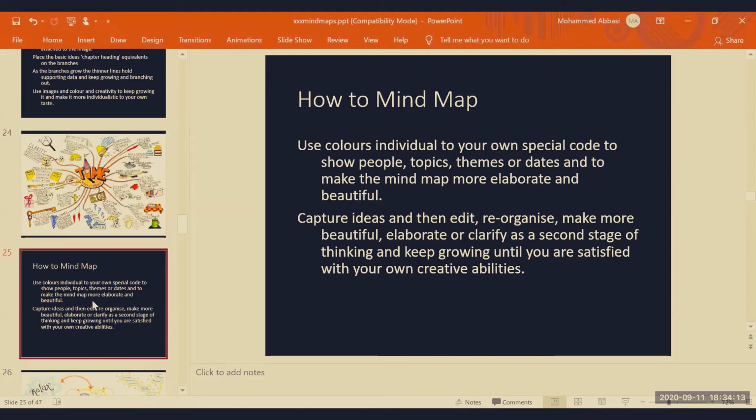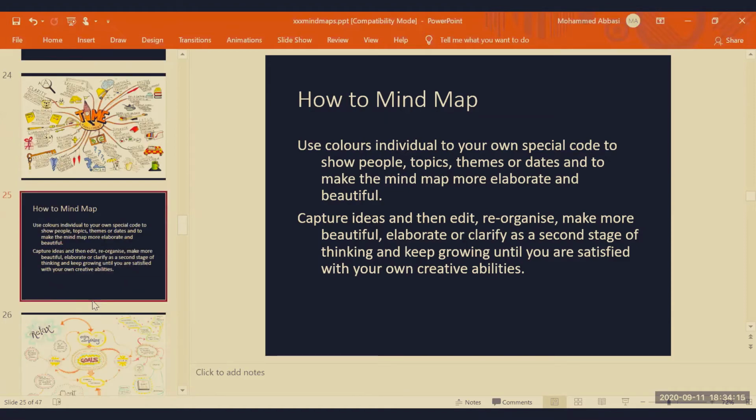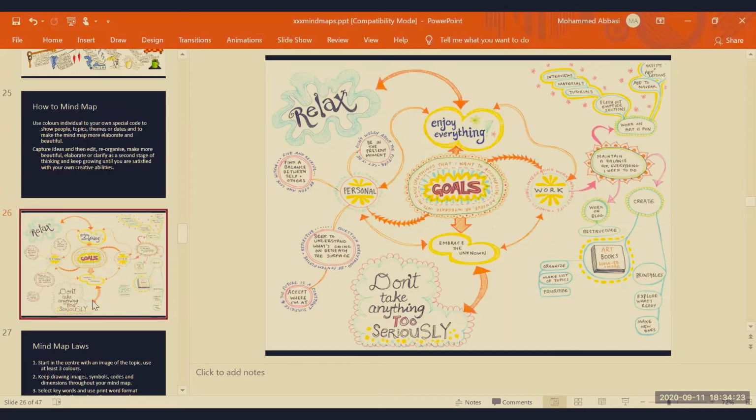That's the most important thing. This is a mind map about goals. It's similar to one we use with some of the lads in football, for example, who want to be better. If you're coaching a football team, a cricket team, etc., coaching groups of people, mind map laws.